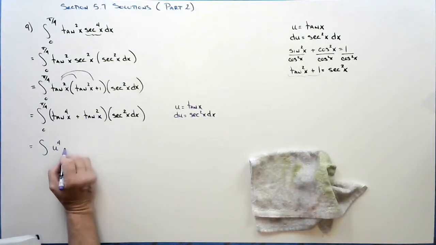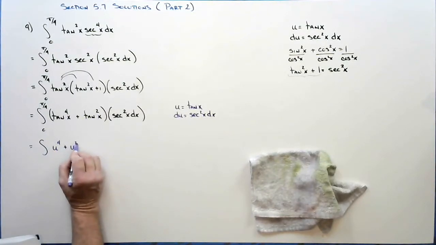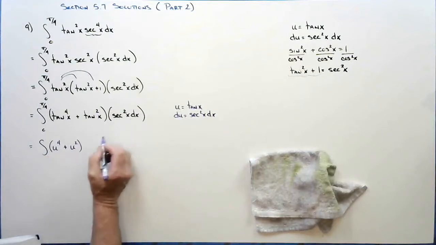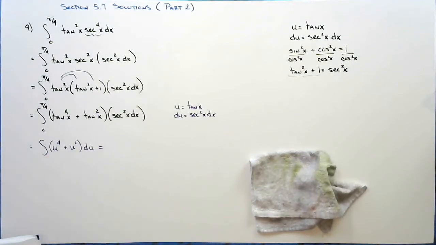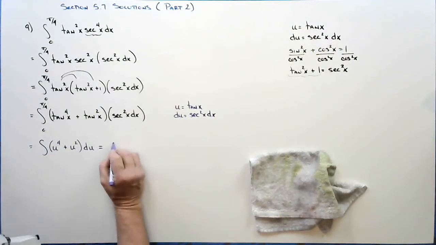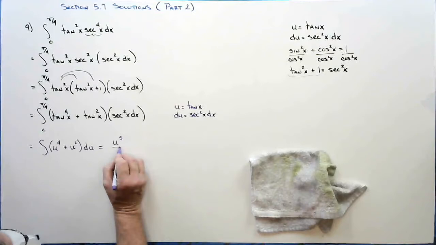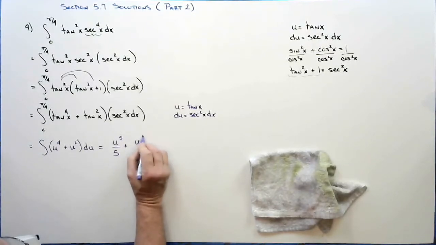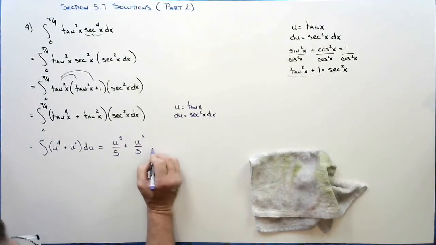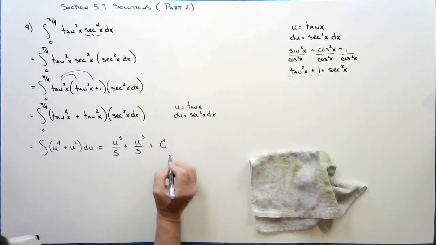This is tangent squared, so that's going to be u squared. This is du. Well, that's an integral we can do without any of our fancy integration techniques. The integral of u to the 4th is u to the 5th over 5, plus the integral of u squared is u cubed over 3 plus c.